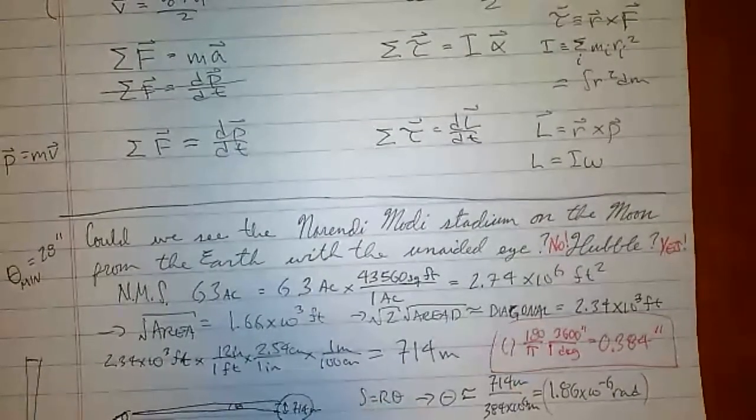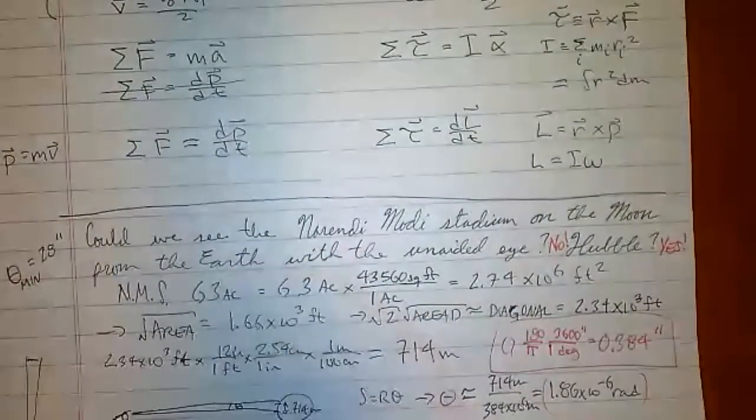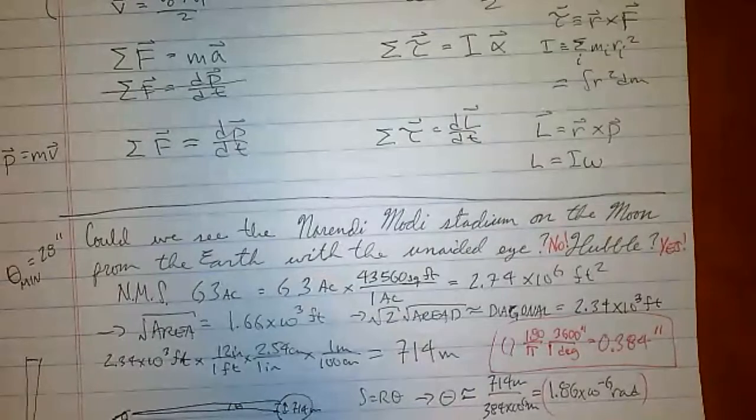And the human eye, again, can see about 28 arc seconds. In other words, it has to be at least 28 arc seconds across to see it. So you could use that 13,171 miles and that 251 miles and do the same calculation to see whether or not you could see it.